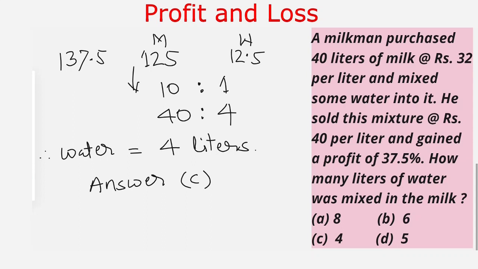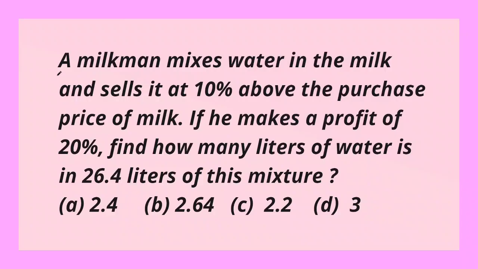I hope you have understood the shortcut method for solving this question. We go to the next question. Our question is, a milkman mixes water in the milk and sells it at 10% above the purchase price of milk.